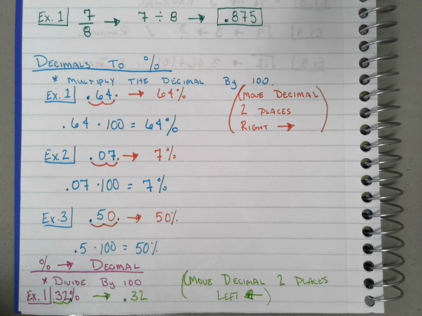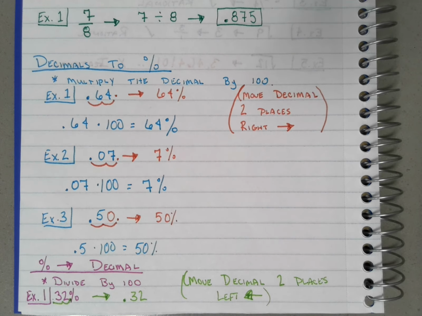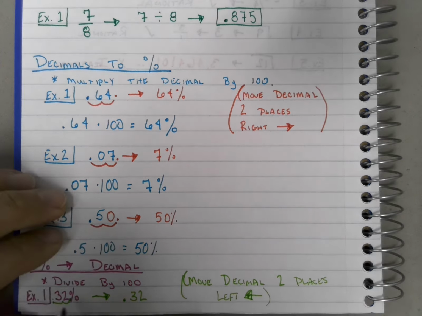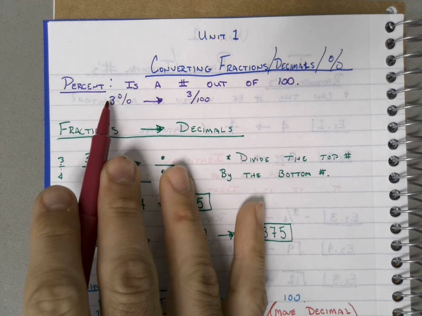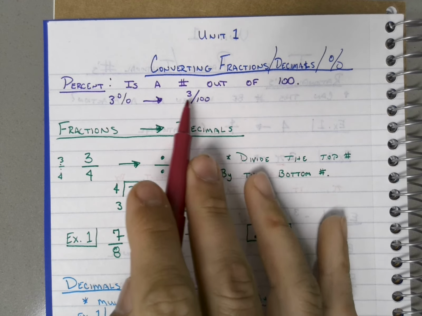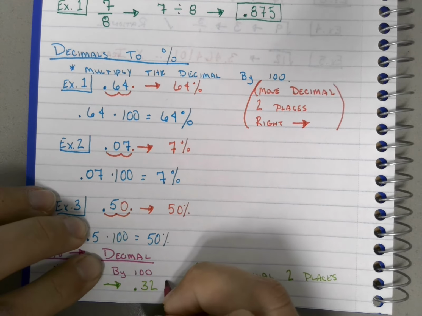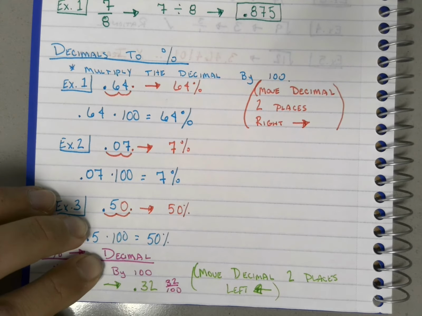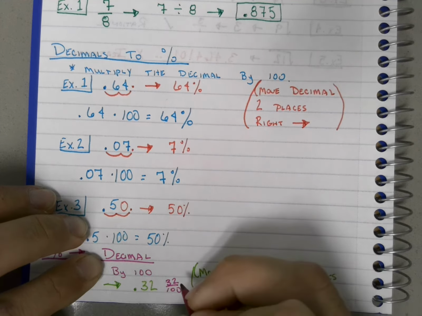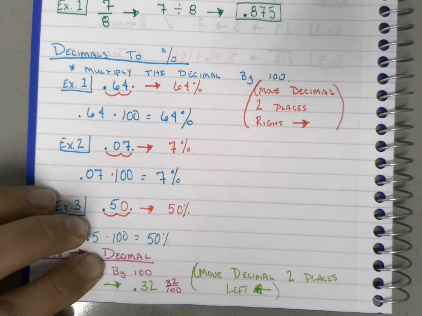Okay, or you can divide by 100. All right, and remember, divide by 100, 32%. When I go back over to my main notes, remember I took that number that was in front of the percent and put it over 100? That would be 32 over 100. Okay, and then that, how you change this up here, will give you 0.32.